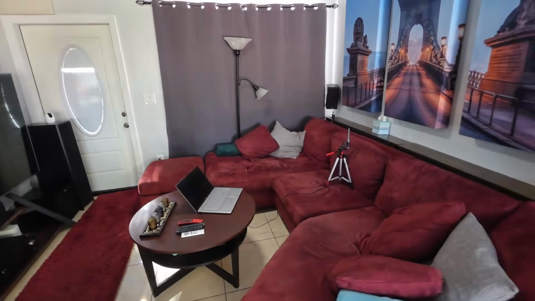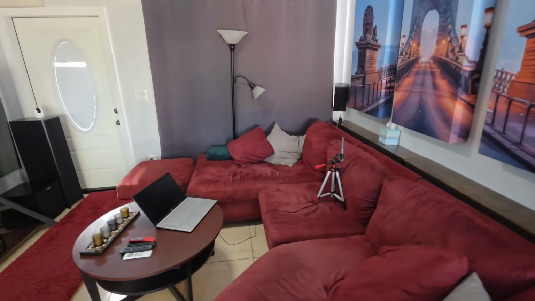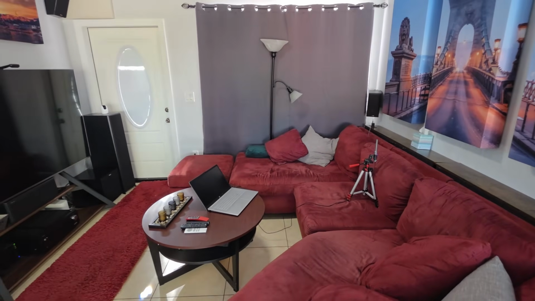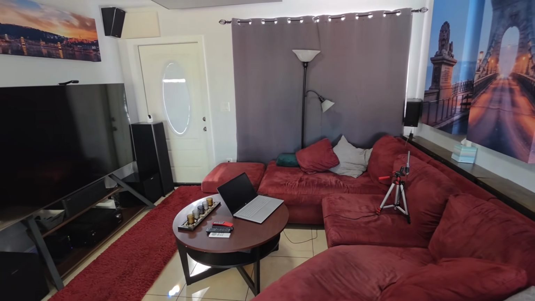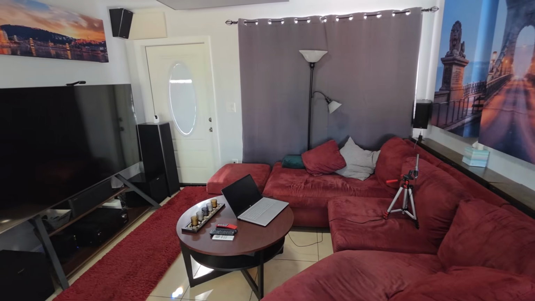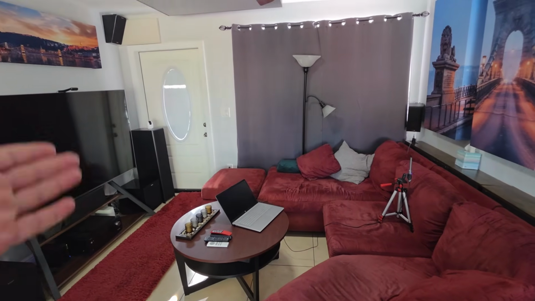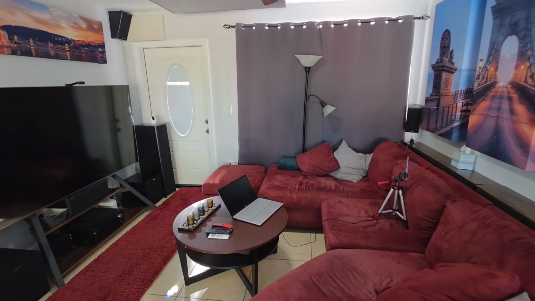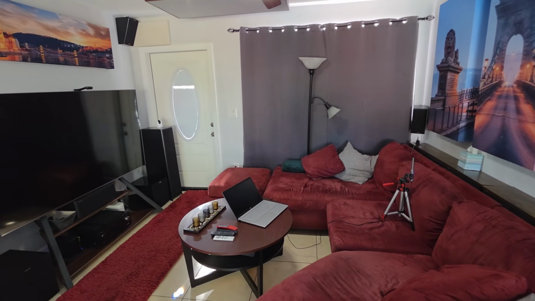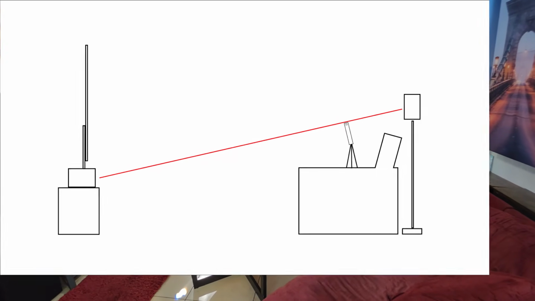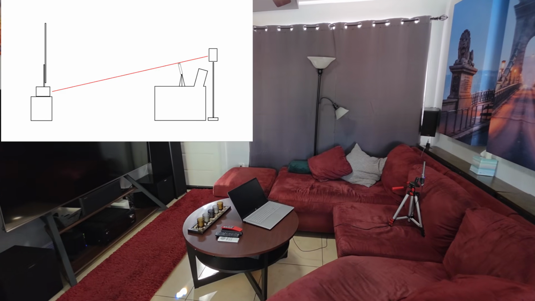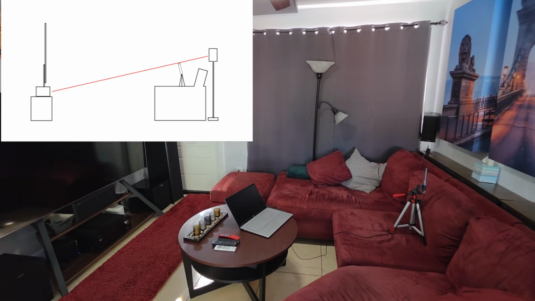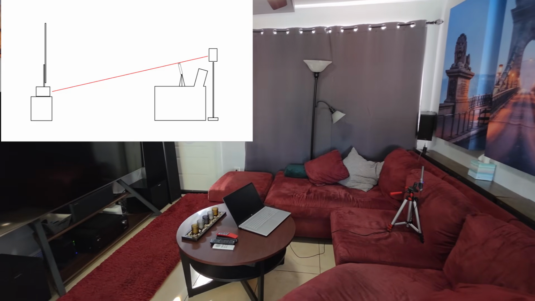The thing that I have seen online, I saw HD Movie Source uploading a video about angling the mic forward a little bit to get better center channel clarity. Some people were mentioning that finally their center channel sounds better, but basically the reasoning behind that, and I'm going to show you a video on screen, is to make sure that none of the speakers has a very high angle compared to the tip of the mic.